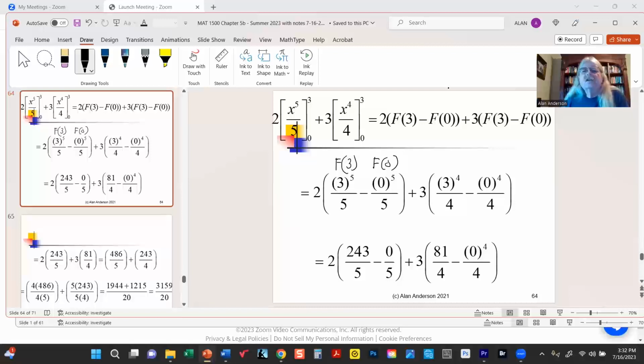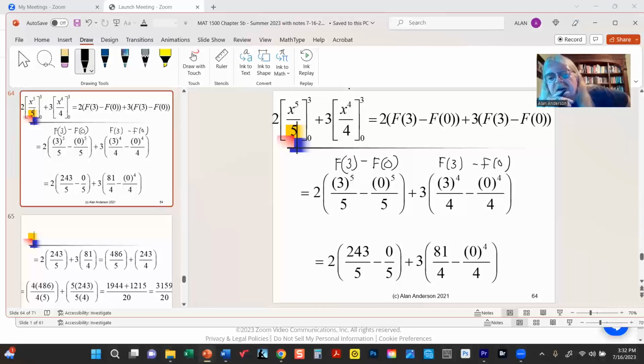We're only interested in the area between 0 and 3. So the difference between these two integrals will give us the area that we need. And then this is also F of 3 for this function, and then we have F of 0. But algebraically, this is exactly what we've been doing all along.